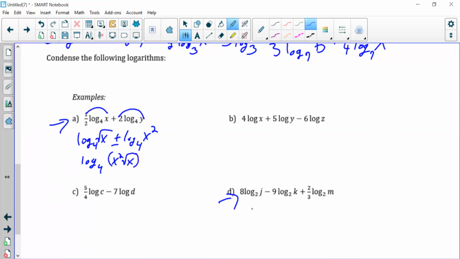All right, let's look at D. All right, so first let's take care of our exponents, and then we'll worry about multiplication and division. So this is the log base 2 of j to the 8th minus the log base 2 of k to the 9th plus the log base 2 of m to the 2/3.